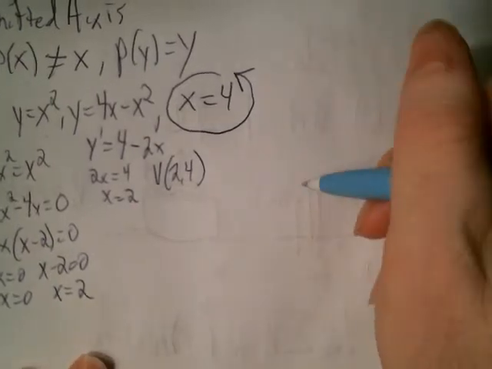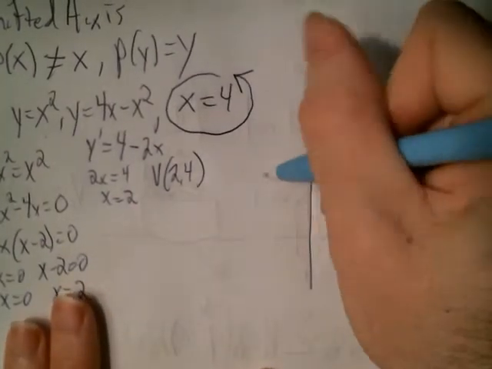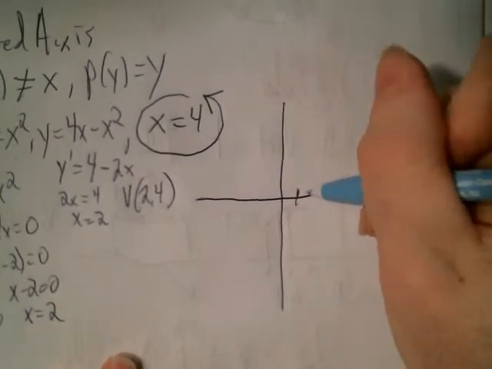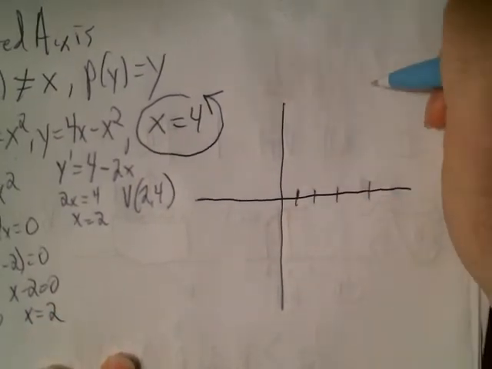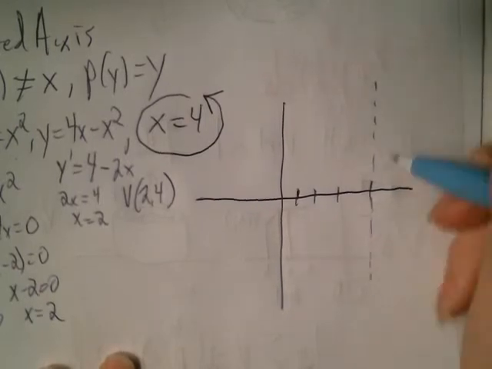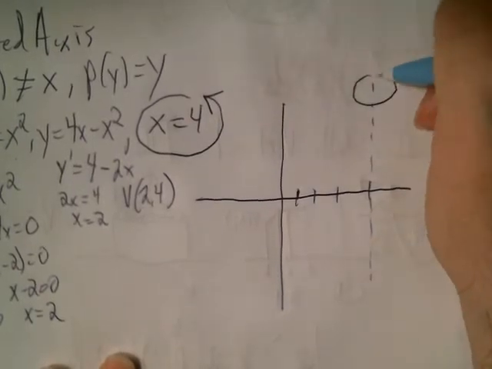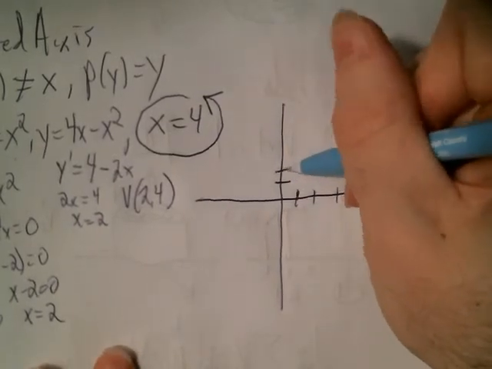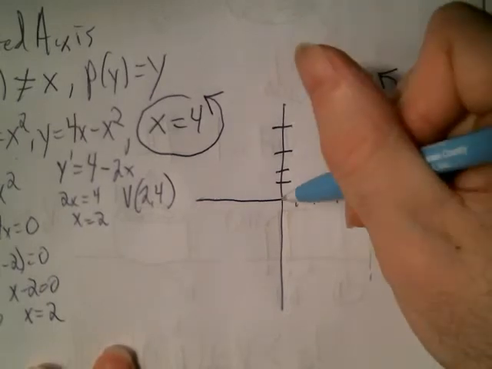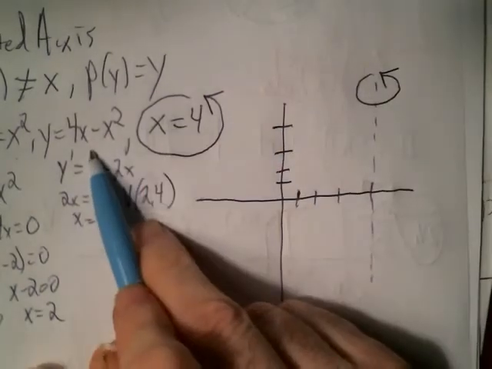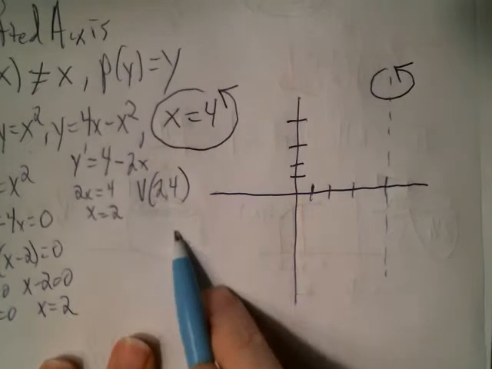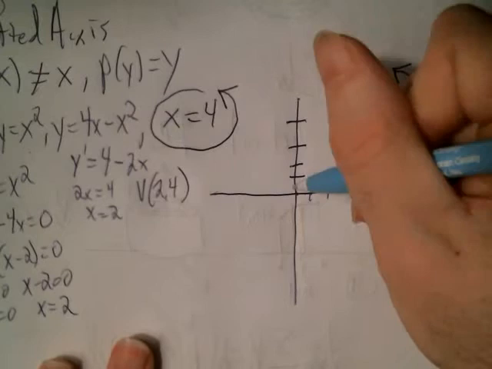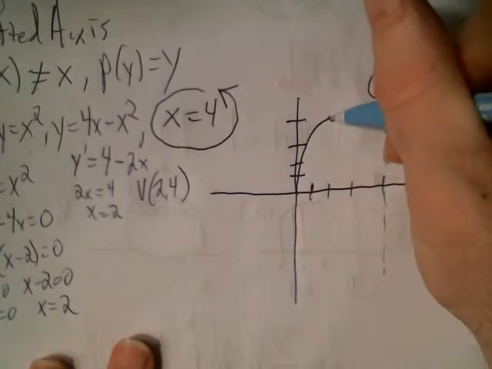So let's get a picture. 1, 2, 3, 4. There's the axis we want to rotate about. This one is a downward facing parabola like this, from here to here.